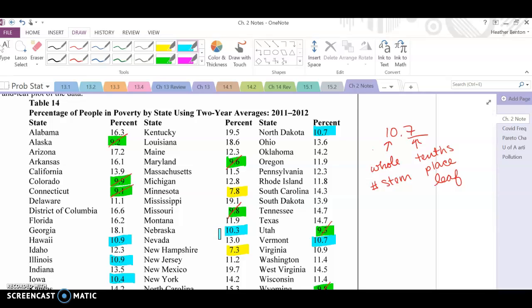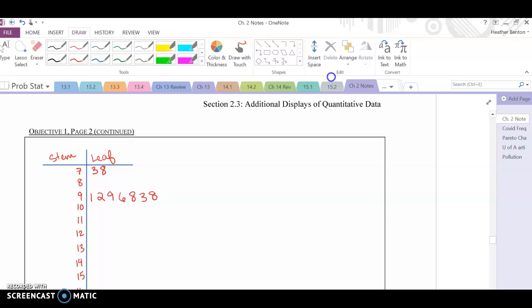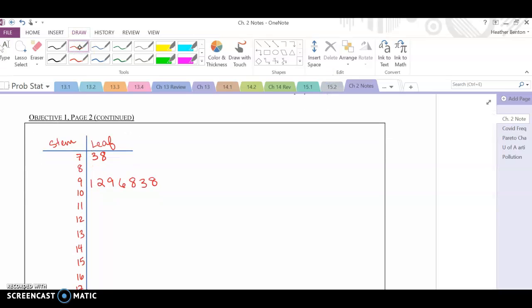I think there's one more missing somewhere. Oh, here it is, 10.9. Alright, so let's go list all of those. Originally, I'm just writing them down. I'm not doing them in any particular order.